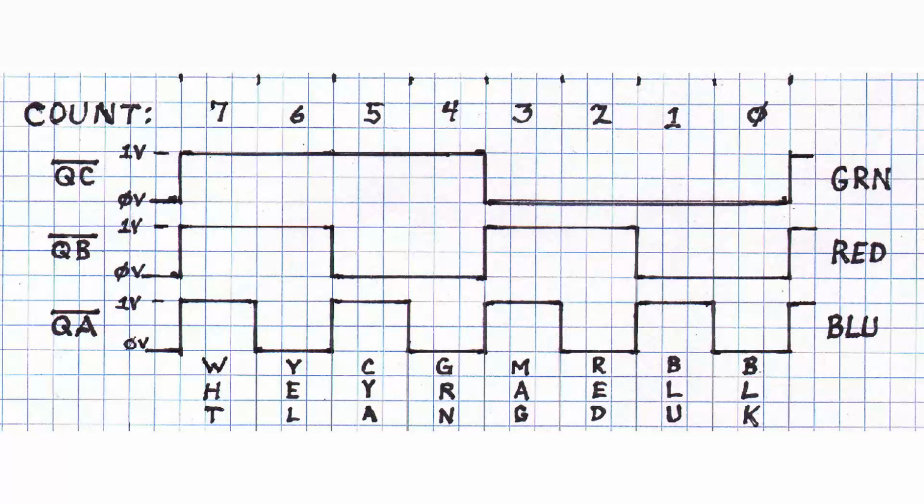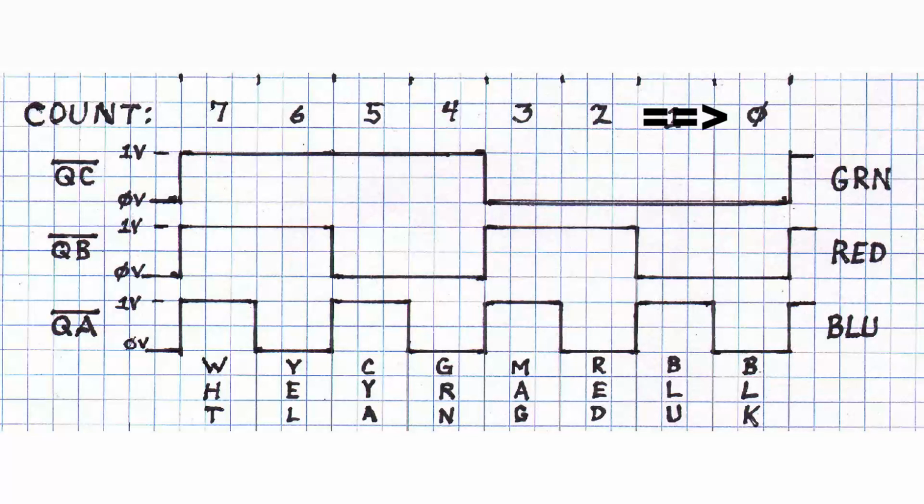Moving one more step to the right, looking at location 2, you'll note that green is off, red is on, and blue is off, so we only have red, and we have a red bar. Moving to position 1, green is off, red is off, and blue is on, giving us the blue bar.